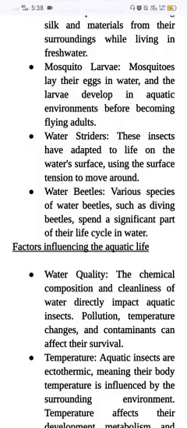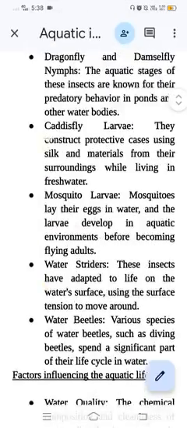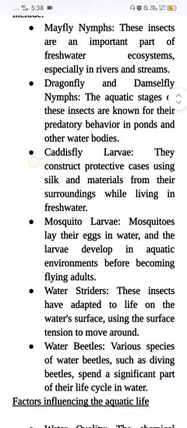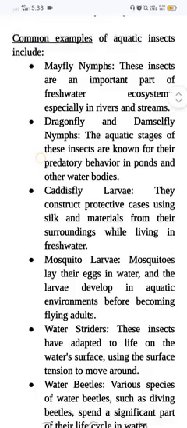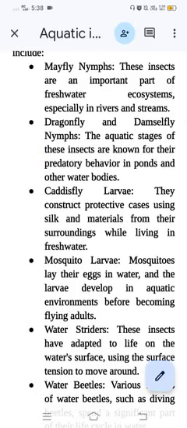So some of these insects which I just mentioned are permanently aquatic insects. They live inside water throughout their life cycle. But some live inside water only during their nymphal stage or some larval stages, etc. After that, they emerge out of water.